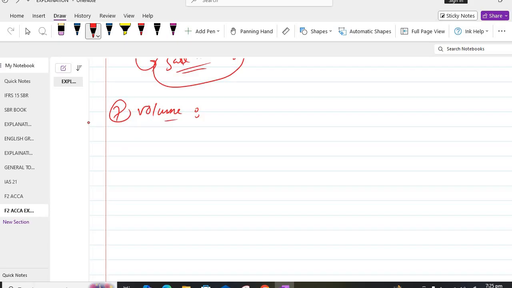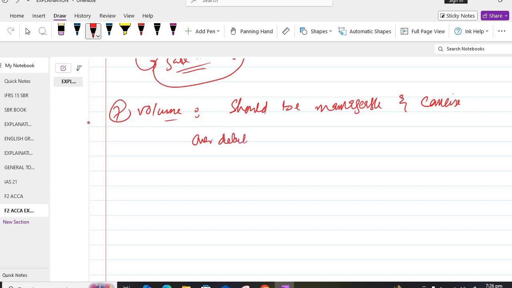So you have to maintain the information in a manageable and concise way. The volume of the information should be manageable and concise.